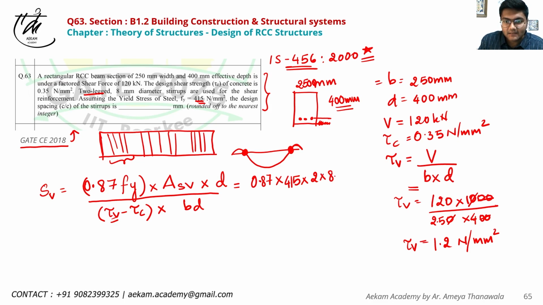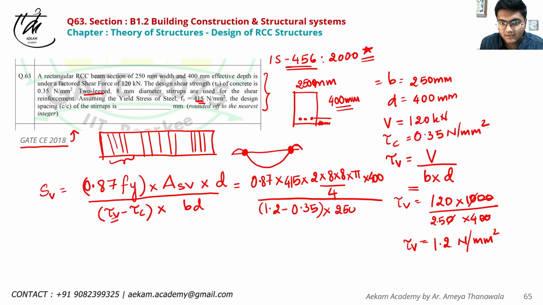So 8 into 8 into pi, so pi d square by 4 is the area, into d, which is effective depth, which is 400, will be entirely divided by tau v minus tau c, 1.2 minus 0.35 into 250 into 400.